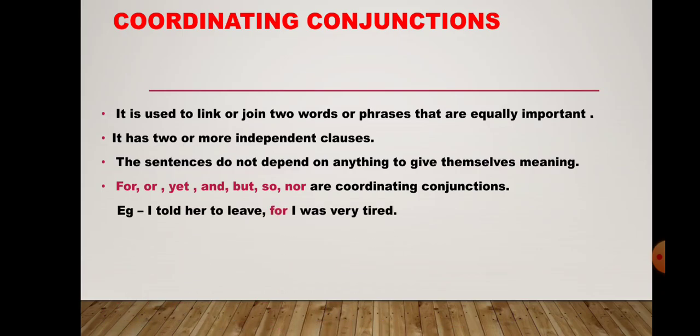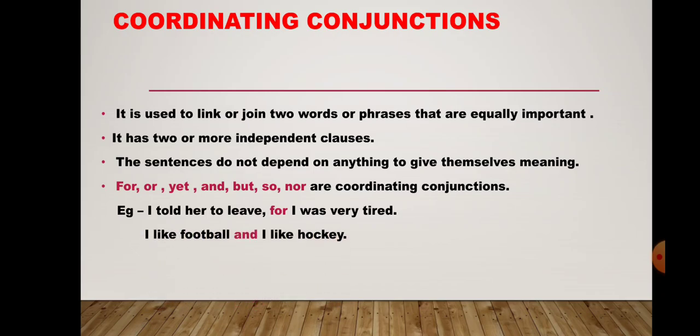Example: I told her to leave, for I was very tired. As you can see in this sentence, the parts "I told her to leave" and "I was very tired" are both independent clauses, and we use a coordinating conjunction, that is "for", to join these two independent clauses.